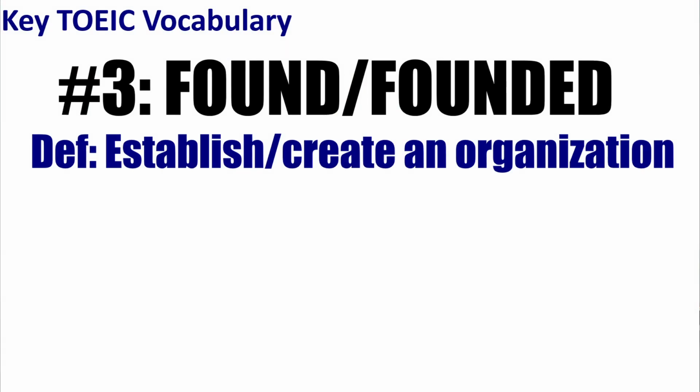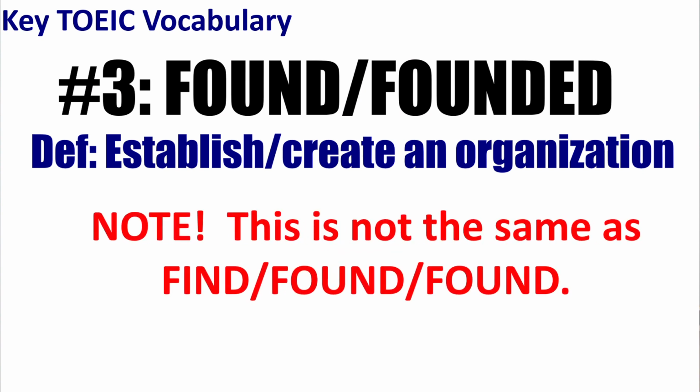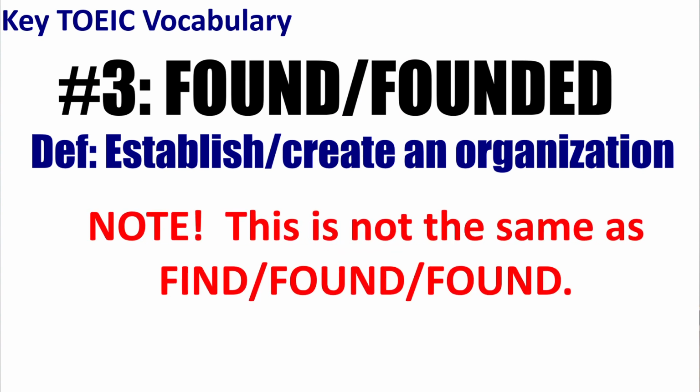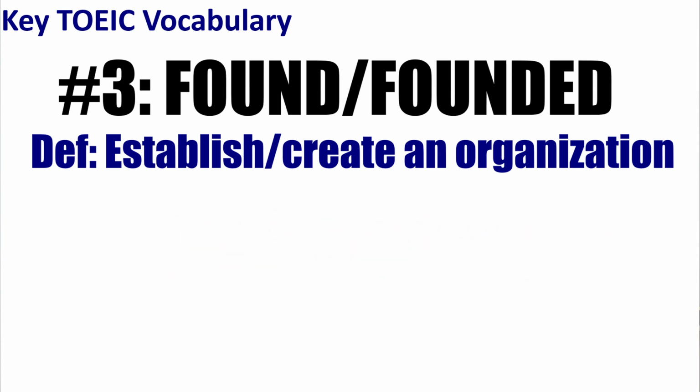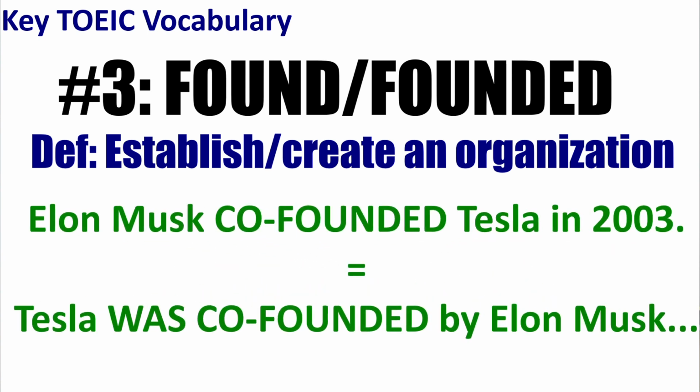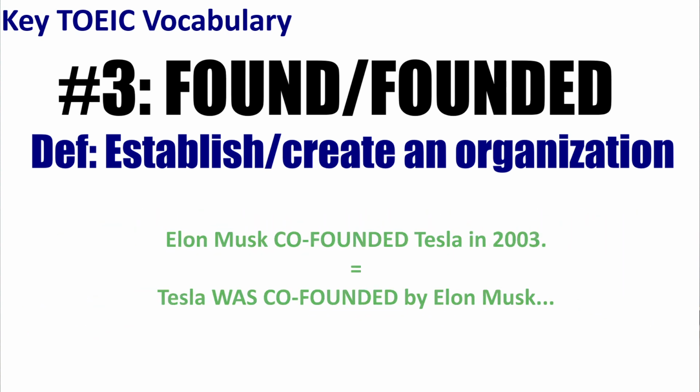All right, let's look at the rest of the vocab. Number 3 is found, founded, founded. Do not confuse it with find, found, found. Found means to establish or create an organization, maybe a business. For example, Elon Musk co-founded Tesla in 2003. So he established this company, he created it.